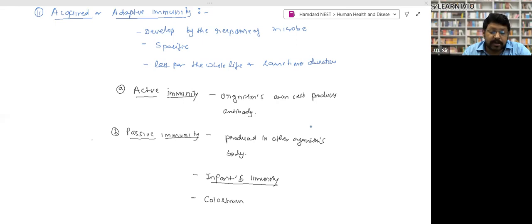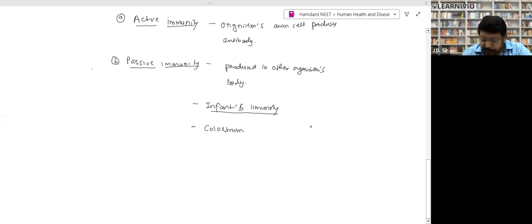What is passive immunity? It is produced by another organism's body, right? This question has been asked: infant immunity. When a baby takes birth, as I told you in human reproduction, the baby has passive immunity. How?